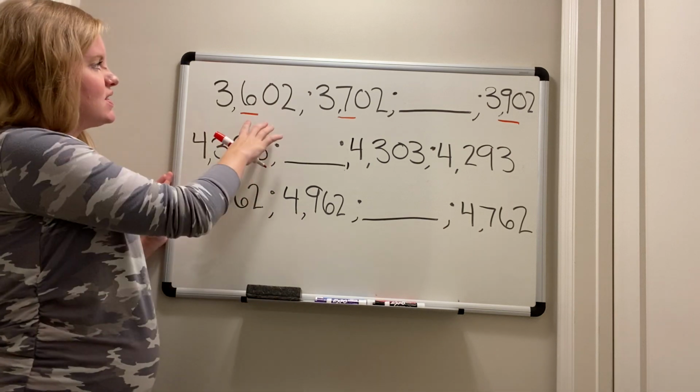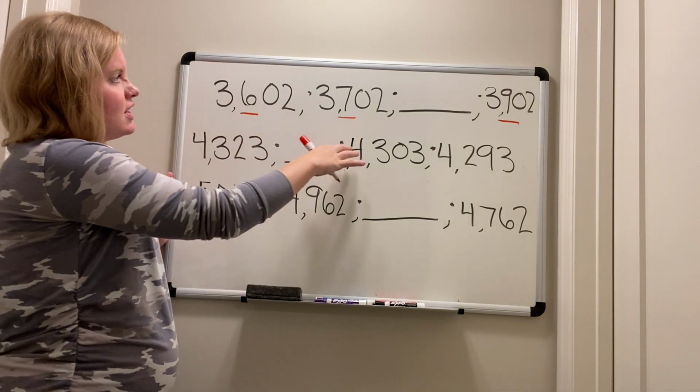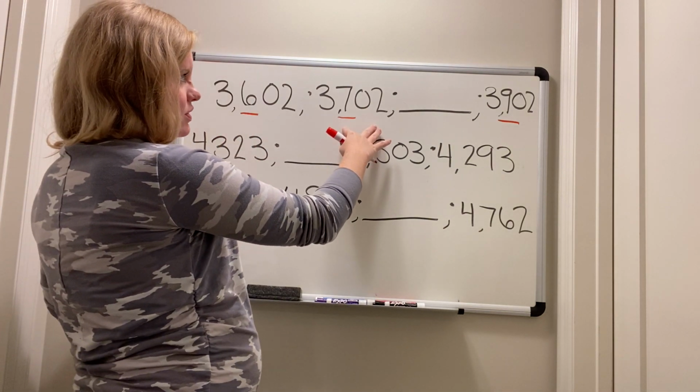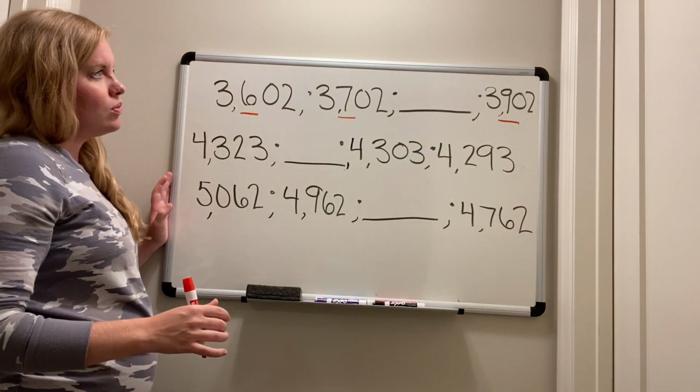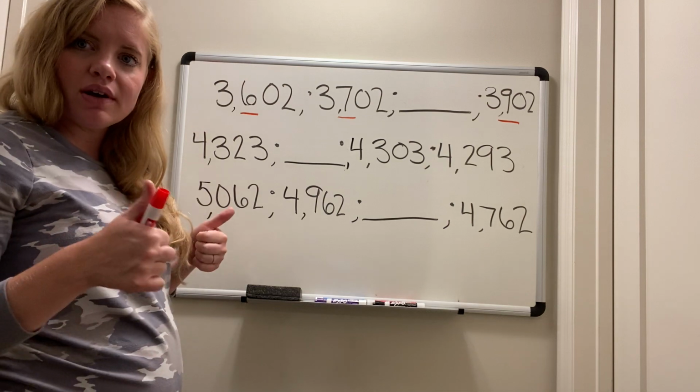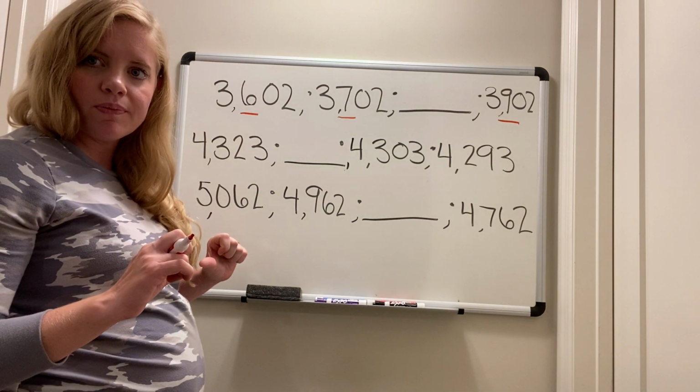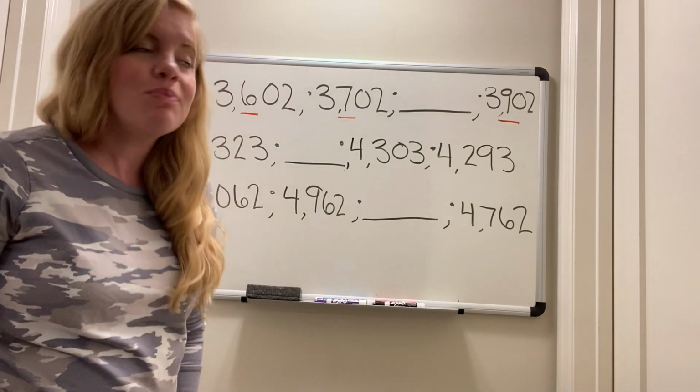We're going from 3,602, 3,702, 3,902. So what's happening to these numbers? Are they getting bigger or are they getting smaller? That's right, they're getting bigger.